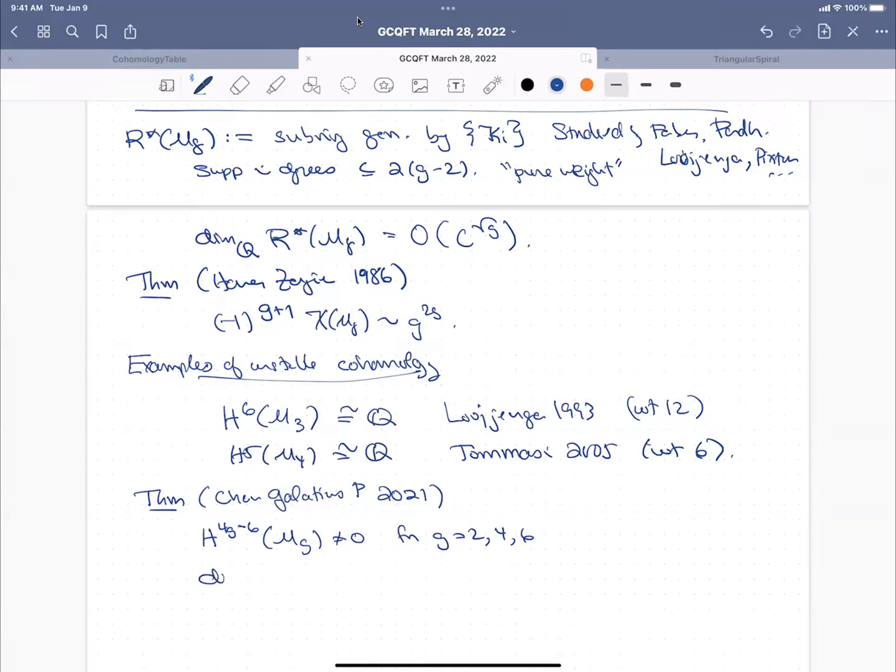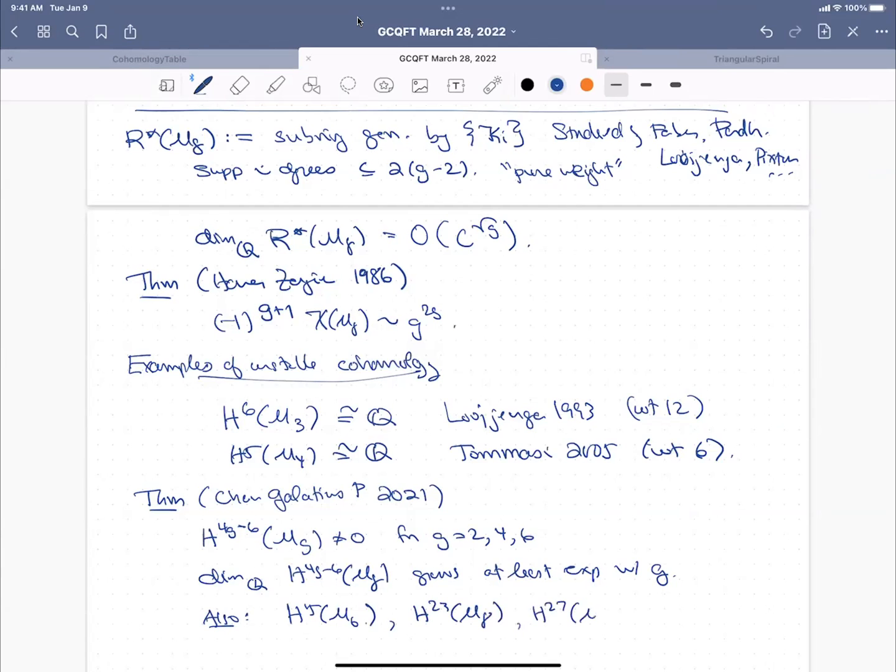And we know that the dimension of H^{4g-6}(M_g) grows at least exponentially with g. We also found some additional examples: H^{15}(M_6), H^{23}(M_8), and H^{27}(M_10) are not 0.